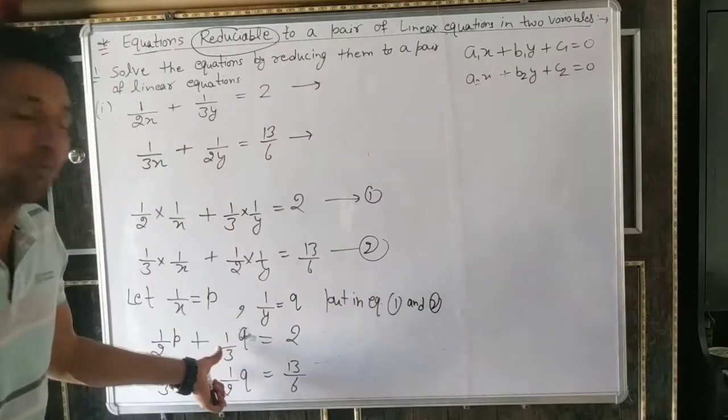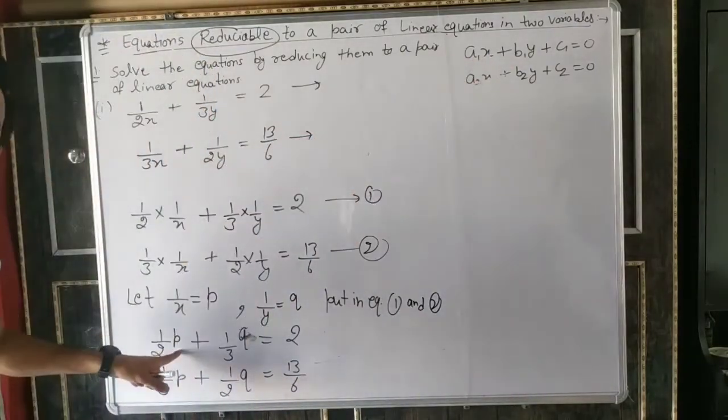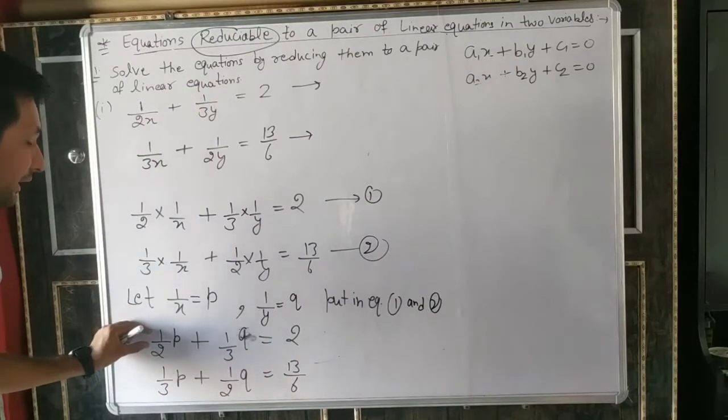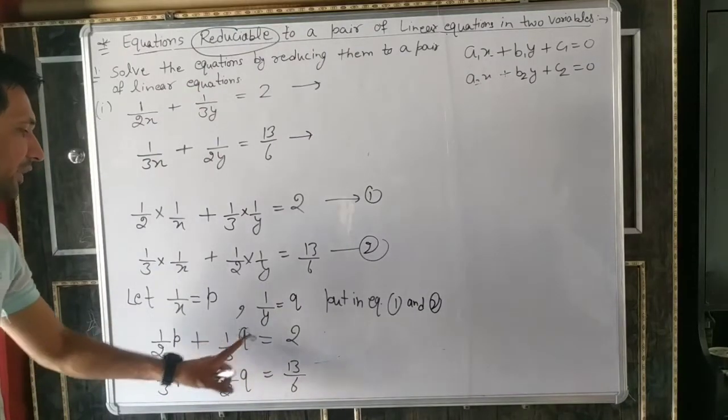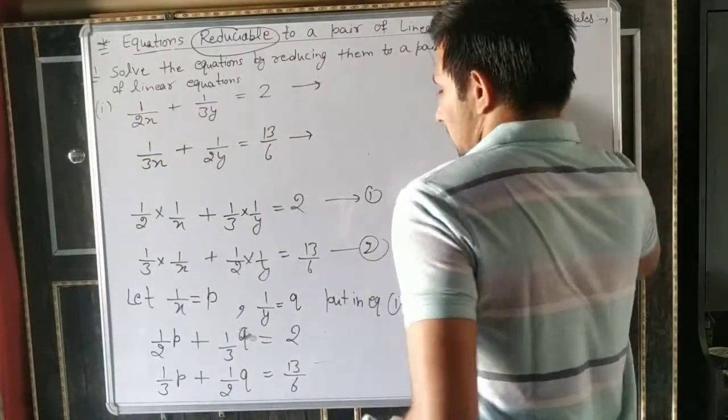Are these two in general form or not? Yes. x is multiplied by a1, same as it is. p is the variable, p is multiplied by some real number, plus q is multiplied by 1 by 3 equal to 2. So what will we do?